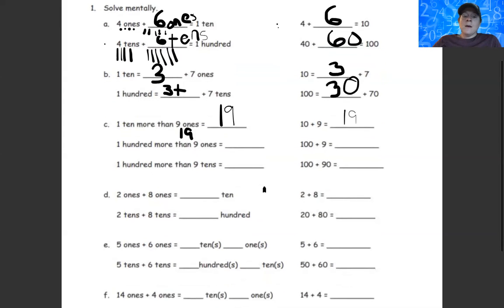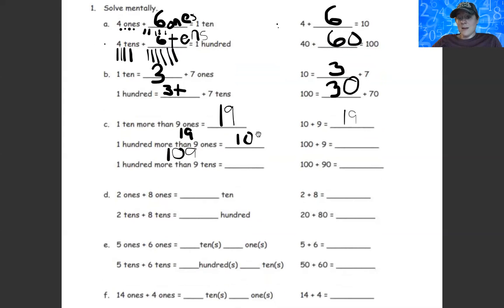Okay. 100 more than 9 ones. So I have 9 ones, and I have 0 tens, and I have how many hundreds? Yes, 100. So my number is 109.